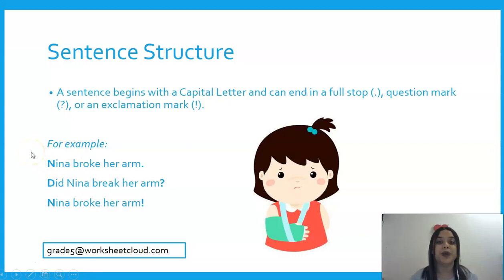Even though Nina is a proper noun, I'm starting it with a capital letter also. So proper nouns start with a capital letter always. And since it's also the beginning of a sentence, I'm reiterating that it starts with a capital letter. However, if I said "She broke her arm," she would also start with a capital letter because it's the beginning of a sentence.